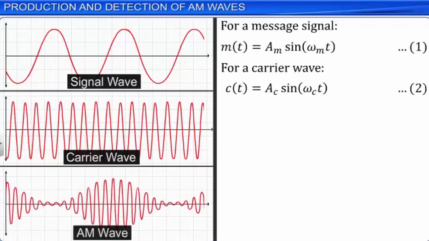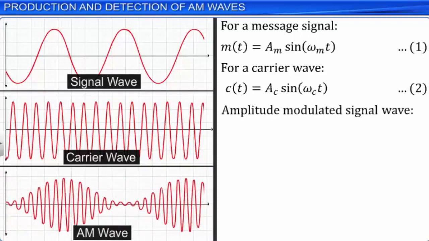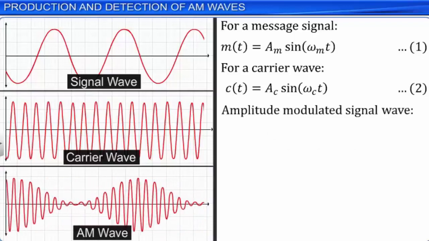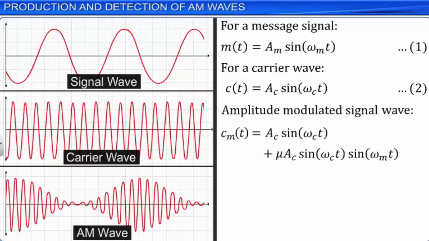The equation for the amplitude modulated wave is given by cm(t) = Ac sin ωc t + μ Ac sin ωc t sin ωm t, where μ is the modulation index of the modulated wave, which is the ratio of Am to Ac. Let this be equation 3.